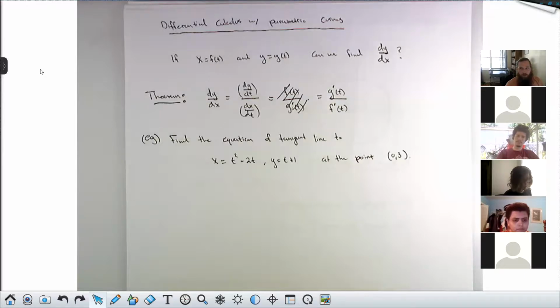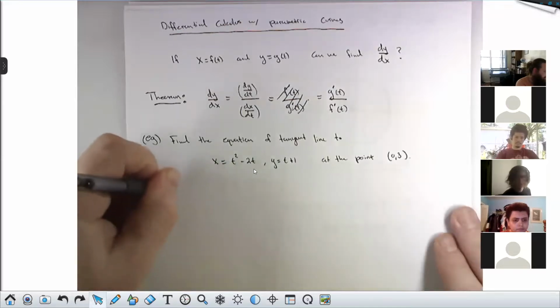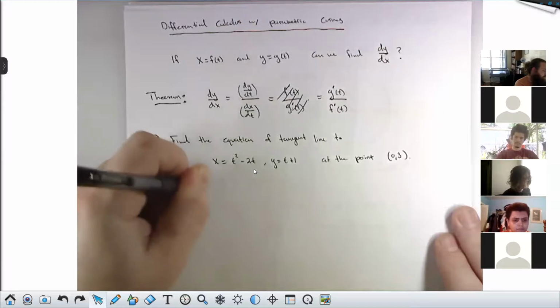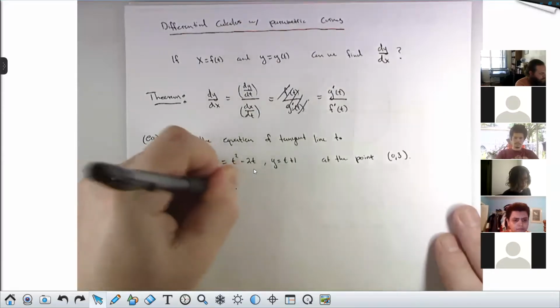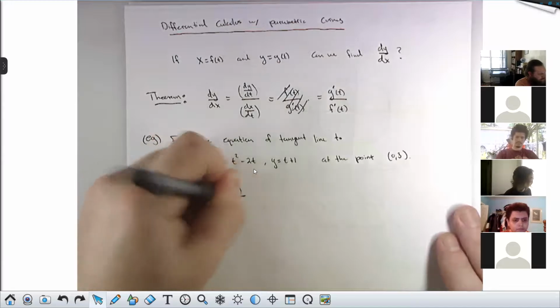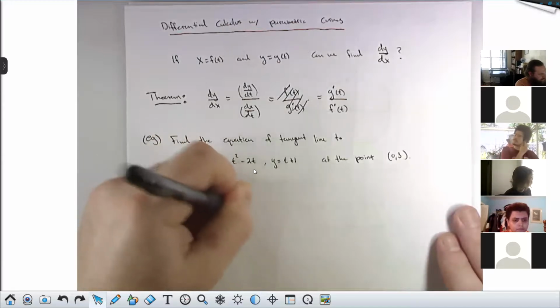We know how to find equations of tangent lines. You need a slope and a point, right? That's it. The trick here is that to find the slope, you need to get dy dx. But I don't have y as a function of x that I can straight up differentiate. y is a function of t and x is a function of t. But for the slope, I just remember that dy dx is dy dt divided by dx dt.